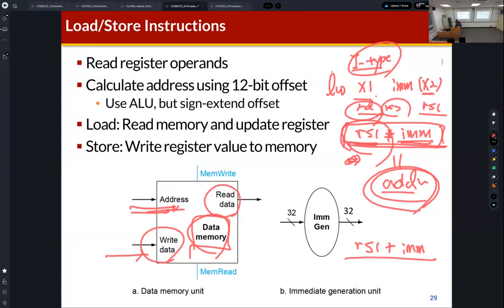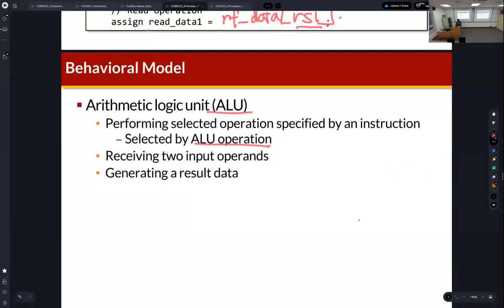And actually, this operation is an add operation. Add operation can be done by the ALU, right? Because the ALU needs to support the add instruction, which means that we can use the ALU for computing the target address of load word or store word.